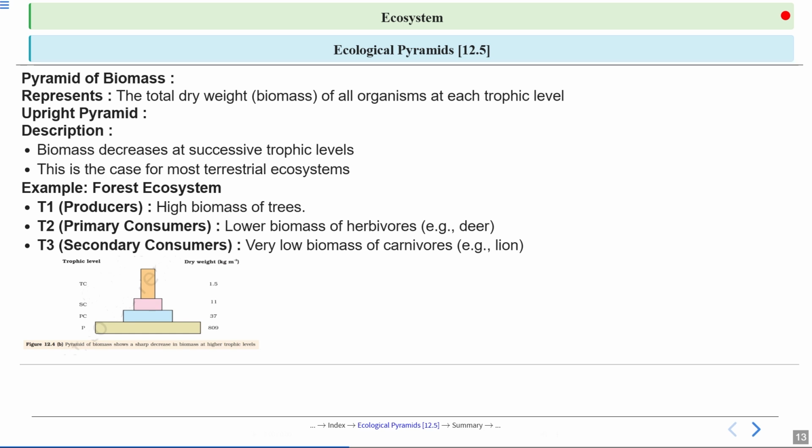Here biomass is measured in dry weight. Dry weight means it is free of moisture. And it's measured in kilogram per meter square. Here you can see the biomass is decreasing as you are moving upward. Highest biomass is that of the producers. Lowest is that of the tertiary consumers.